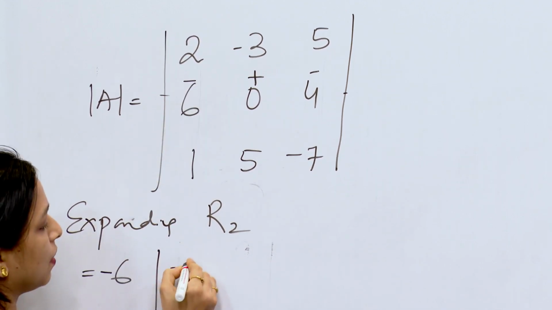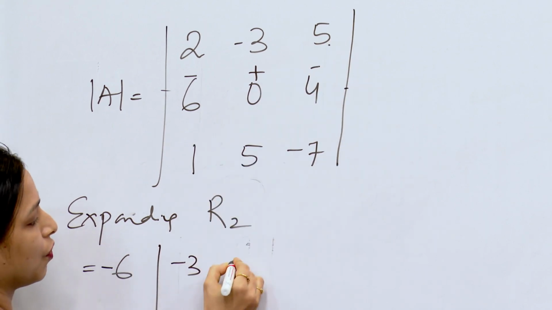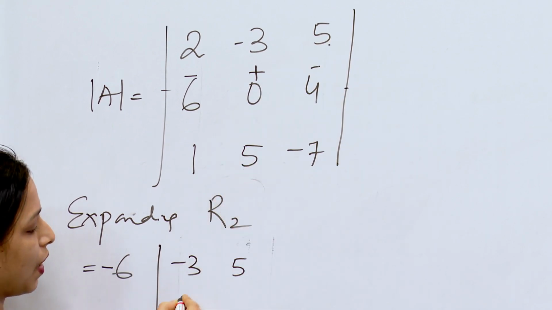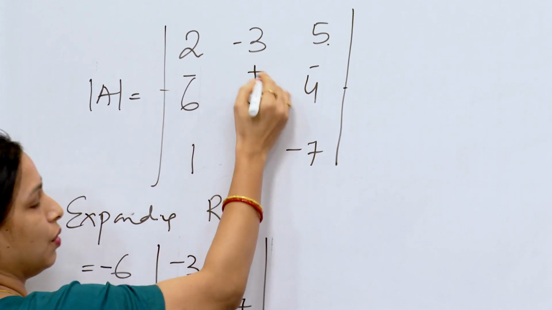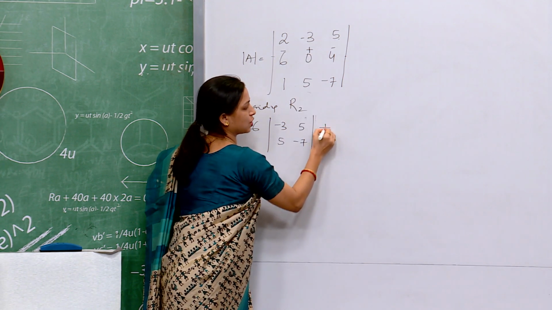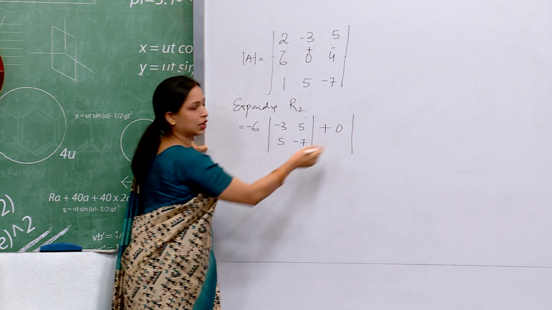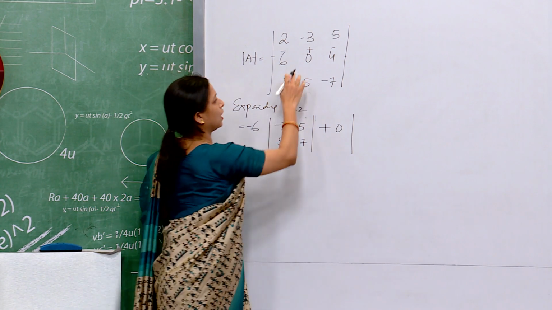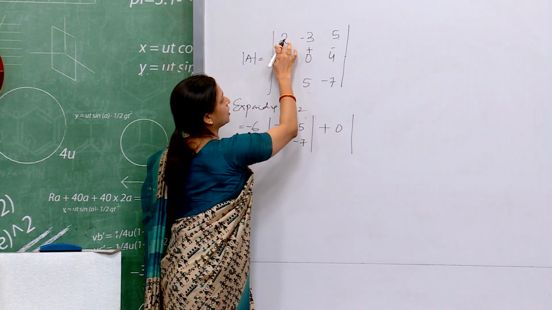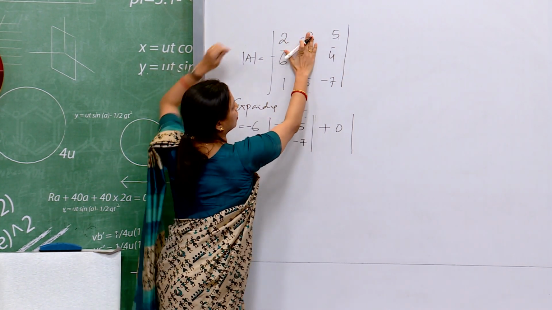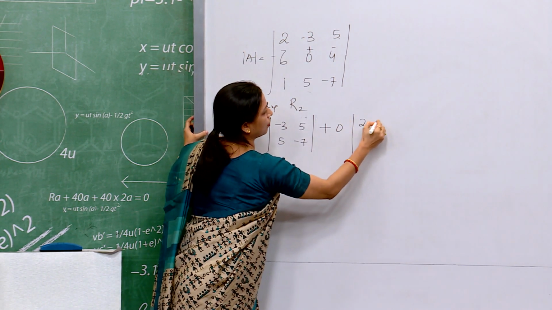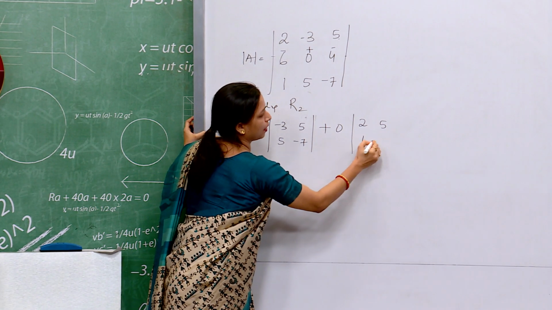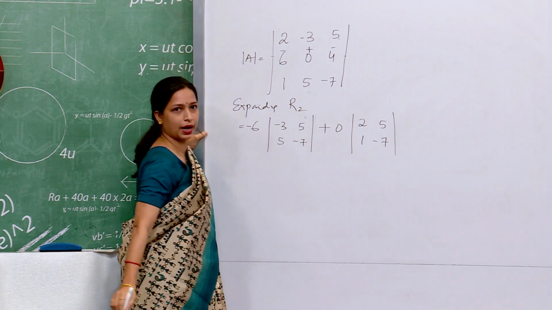So, that means minus 3, 5, 5, minus 7, right. Then 0. 0's positional sign is plus, so the ultimate result will be 0, but still for your understanding I am putting the determinant elements. The resultant elements are 2, 5, 1, minus 7, right.